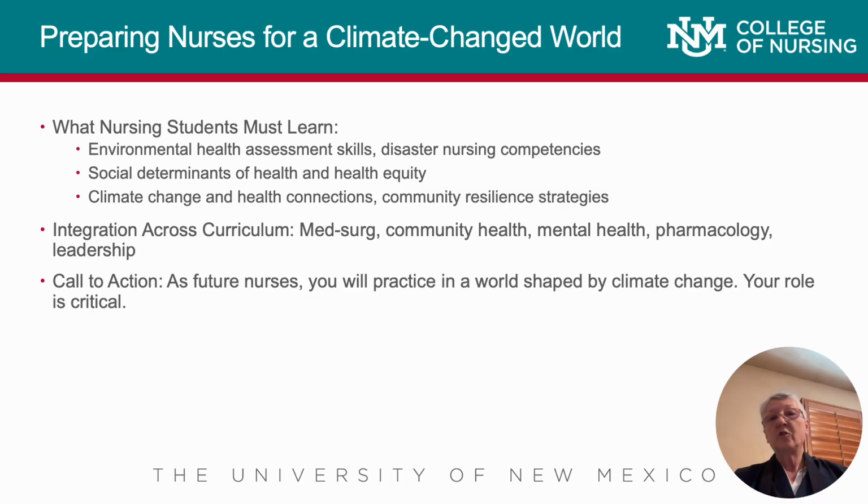You need to understand social determinants of health and human equity, how social, economic, and environmental factors affect health outcomes. You need to understand the connection between climate change and health. This isn't just an environmental issue, it's a health issue. You need to learn about community resilience and adaptation strategies, how communities can prepare for and adapt to climate change, and you need skills in advocacy and policy engagement, how to influence the systems and policies that affect health.